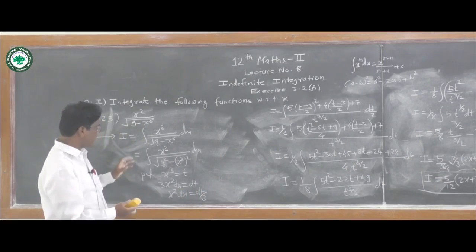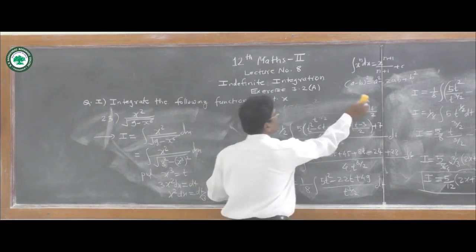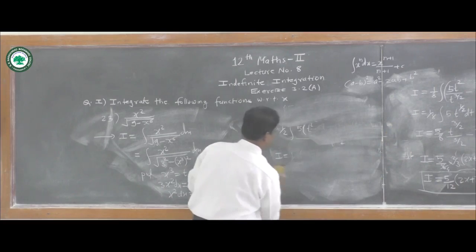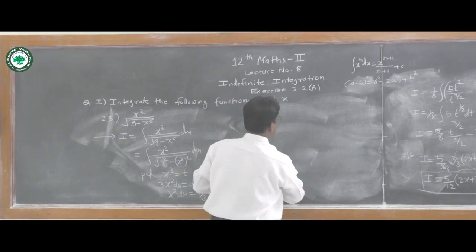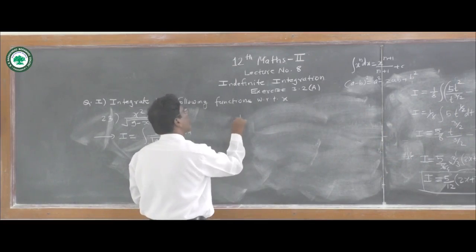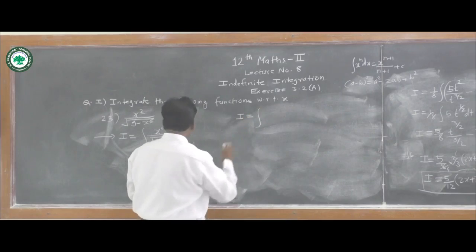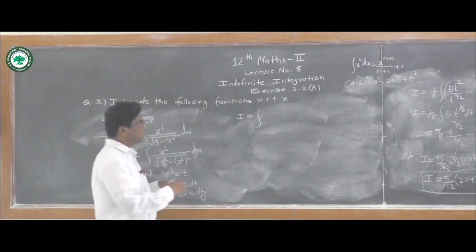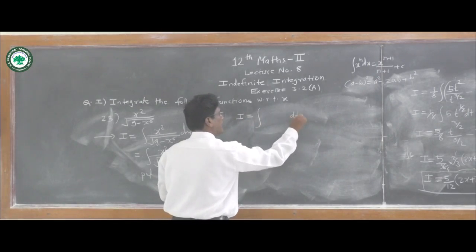And therefore this required integral becomes I is equal to integration of, we replace this x square dx as dt upon 3.